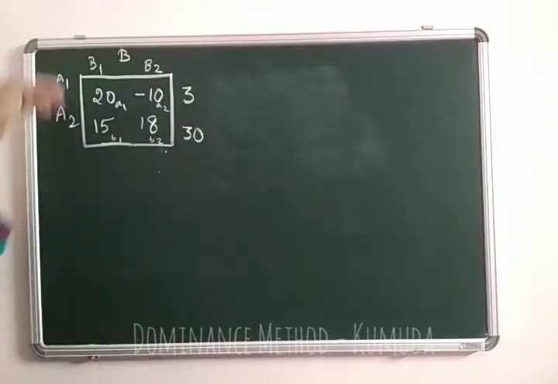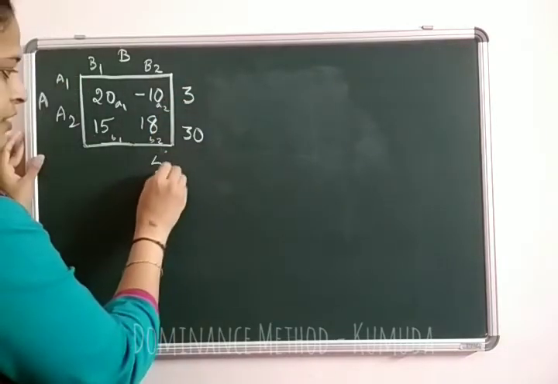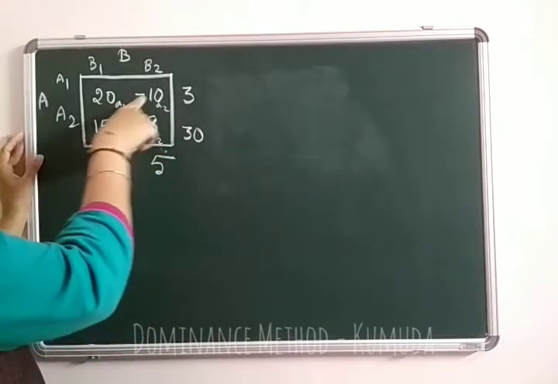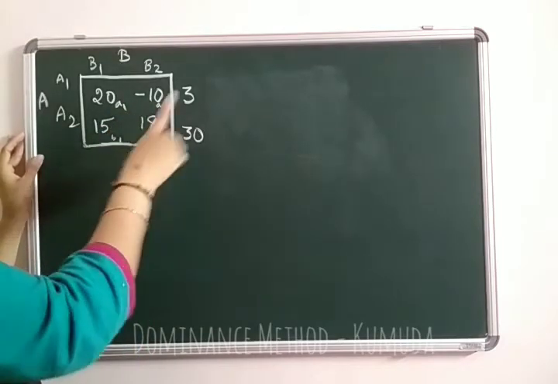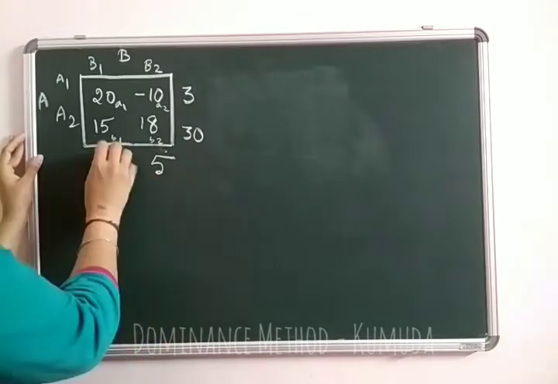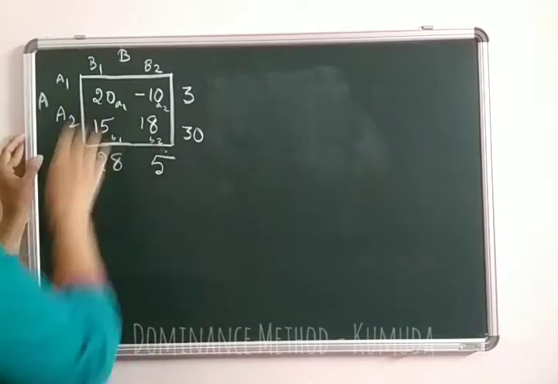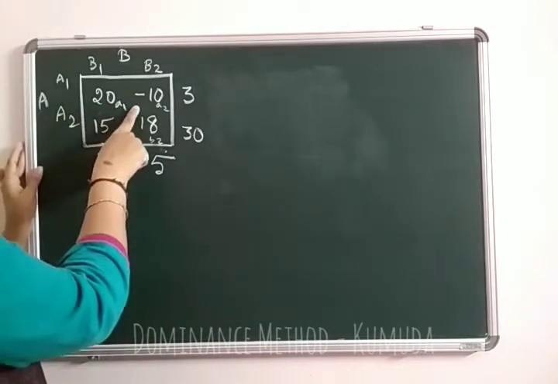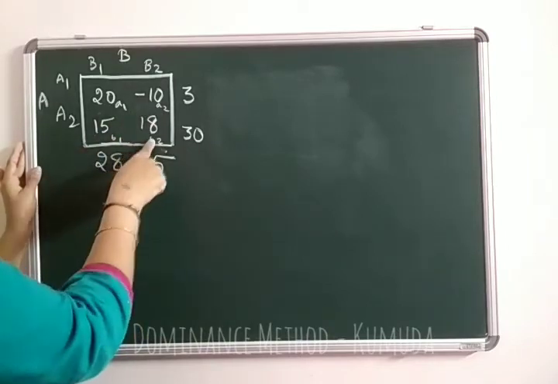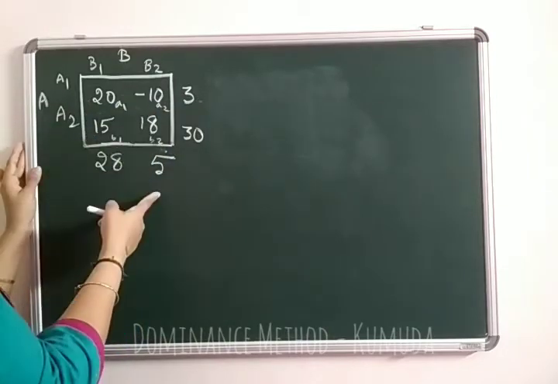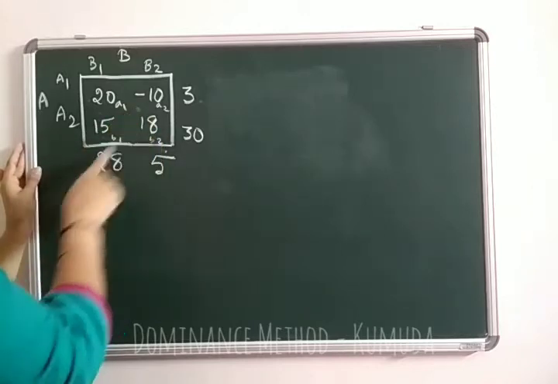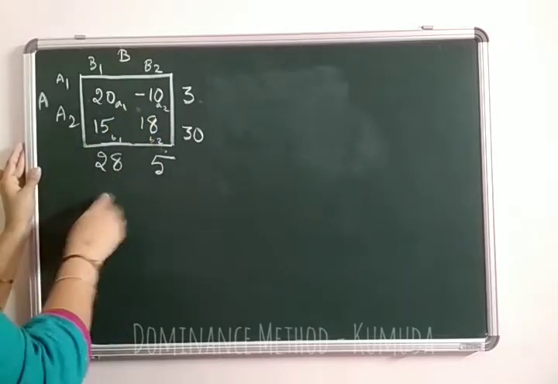Now find the column. 20 minus 15 gives you 5. Write it in the second column. Now -10 minus 18 becomes -28, but we don't consider the sign, we just write the element. I repeat, 20 minus of -10 becomes 30, 15 minus 18 is 3, 20 minus 15 is 5, -10 minus 18 becomes -28, but we don't consider the sign.